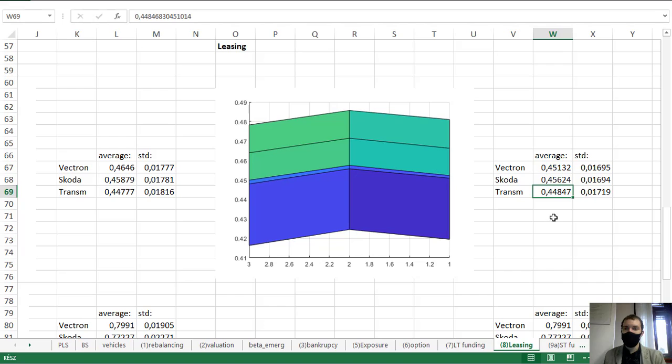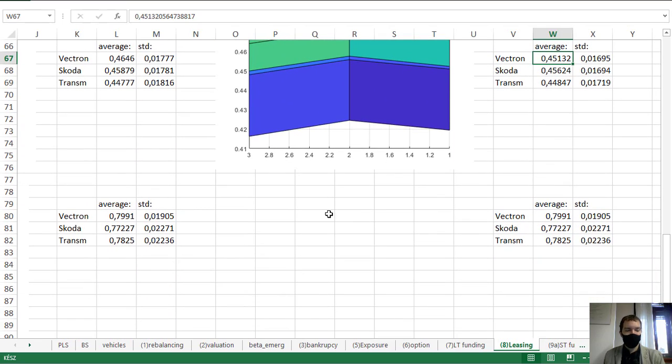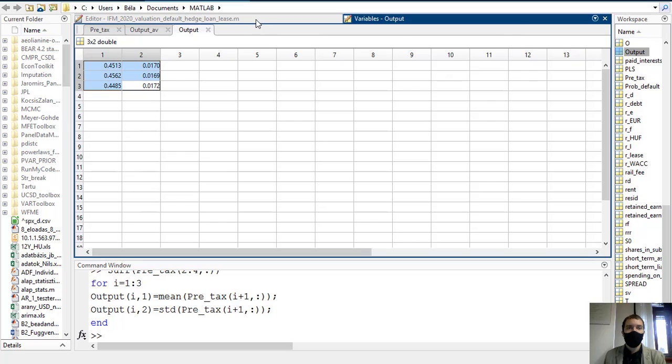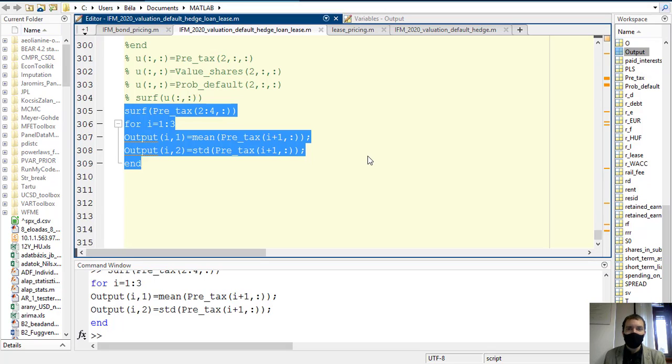Actually, is the profitability affected anyway? Here, Vectron is lower. In the case of Skoda, I can see it. Transmontana, it's the same. So maybe for Vectron, because it's more expensive, it can have an influence.